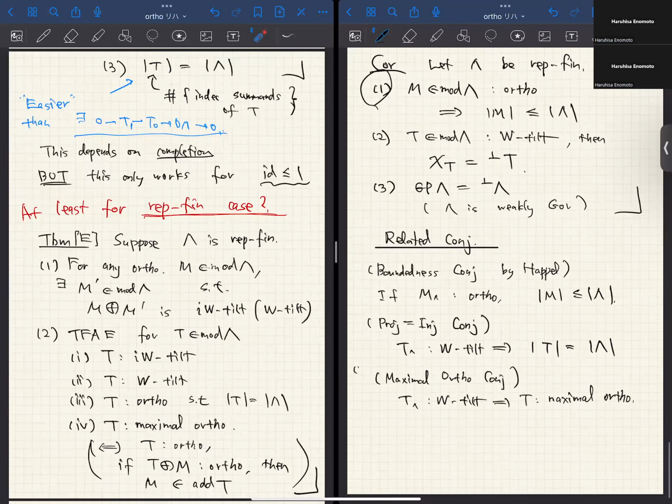And we can consider a weak version, which only considers injectively Wakamatsu or projectively Wakamatsu.